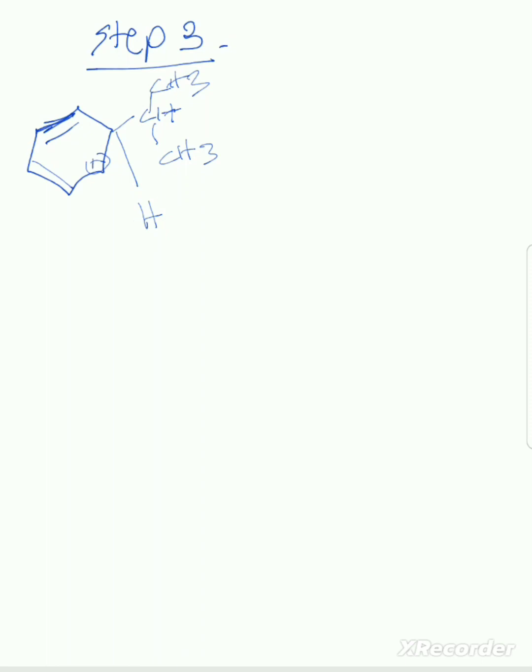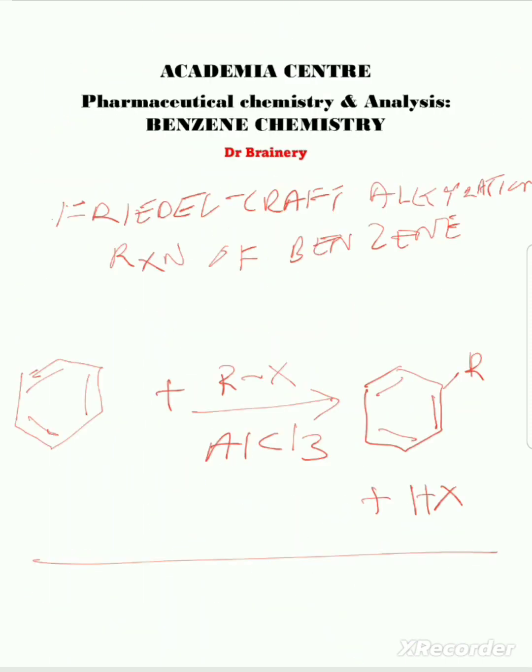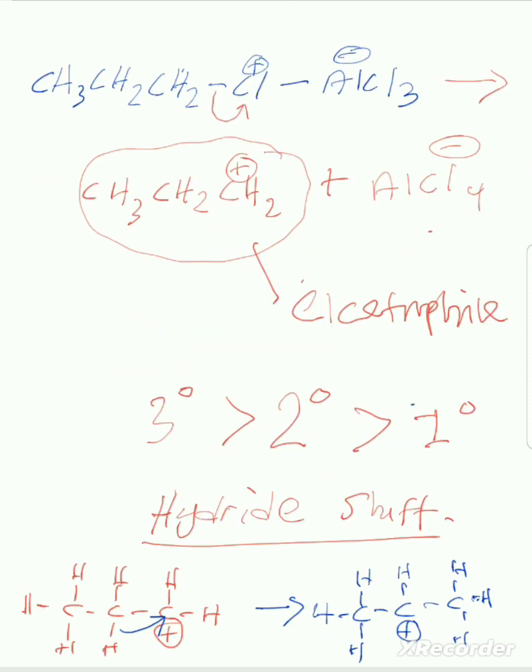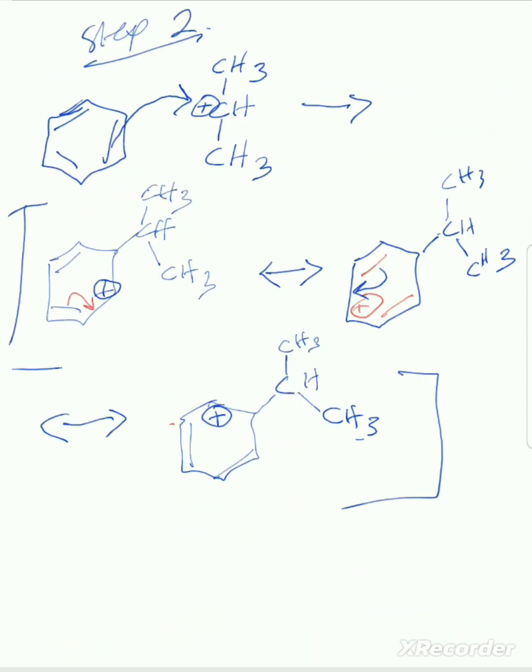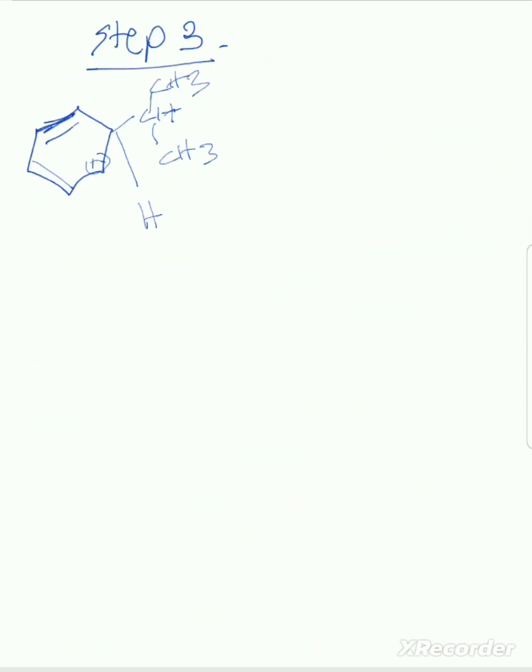When we expose it, we're going to bring the base that we formed. Remember, the base that we formed is this one, which is aluminium tetrachloride. So that's what we are going to use. Here is aluminium tetrachloride like this. This is the one that is going to take this hydrogen, and this bond will come and make a pi bond there.